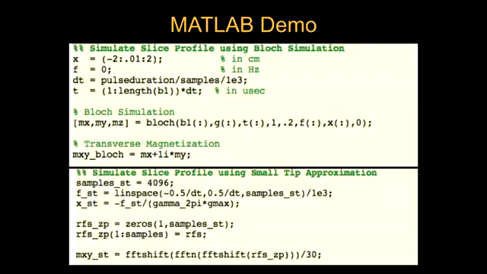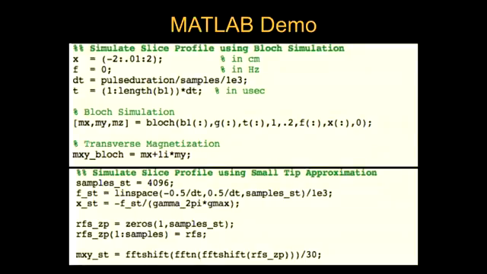The input is your B1, gradient, and time information, and you have to determine whether you want to look at different frequency values, off-resonance, or different spatial locations. In this case, we just set the frequency to 0, since we want to see the slice profile over different locations, like here from -2 centimeters to 2 centimeters.